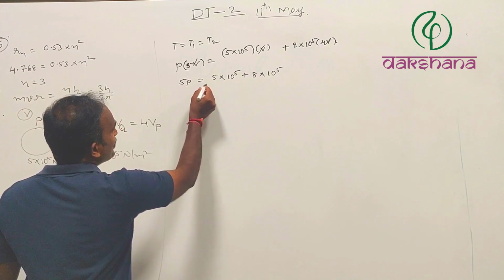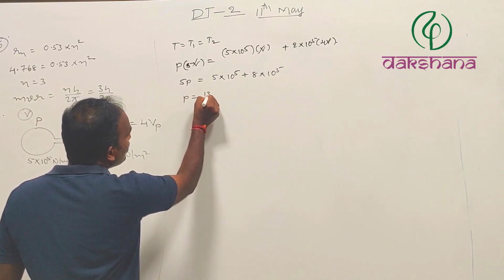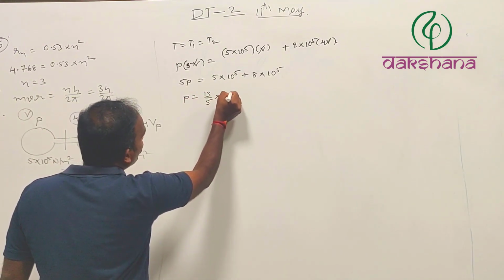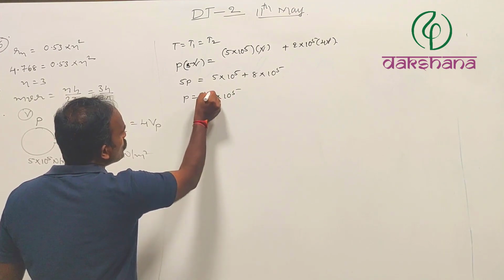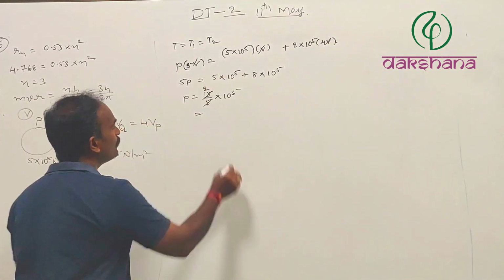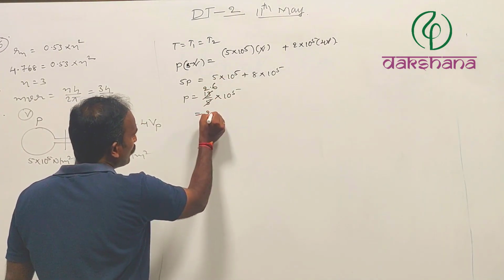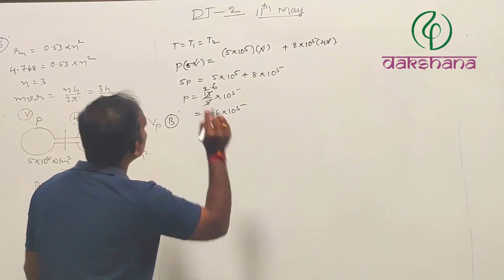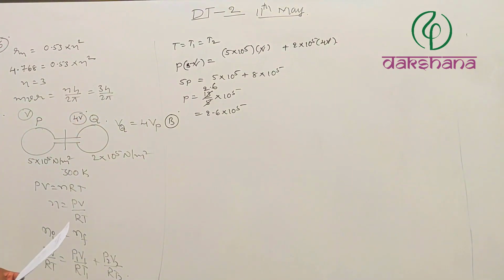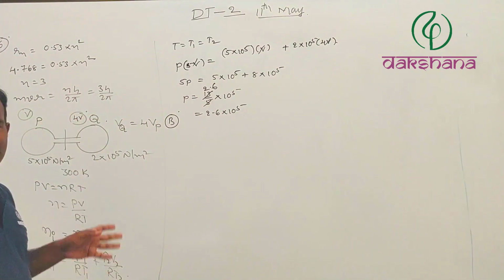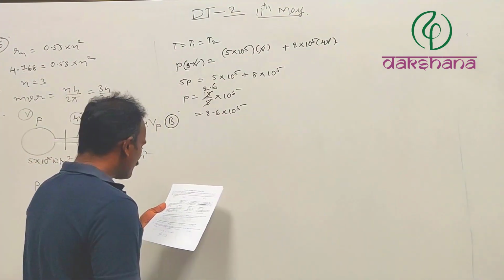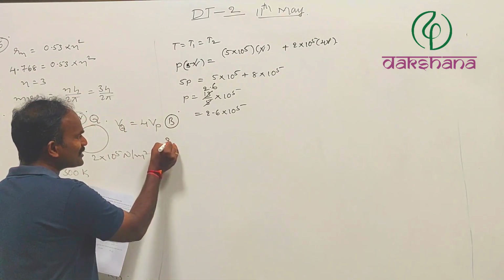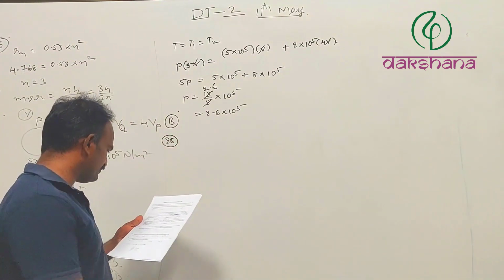Now this is 13, so P is equal to 13 divided by 5 into 10 power 5, which is 2.6 into 10 power 5. Option B, as we said. Just the law of conservation of moles: initial number of moles is equal to final number of moles.